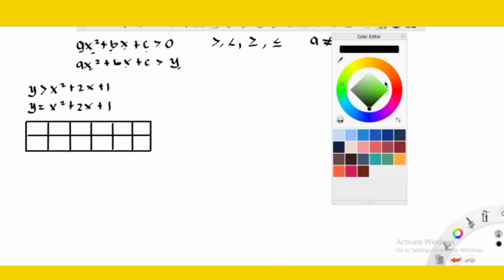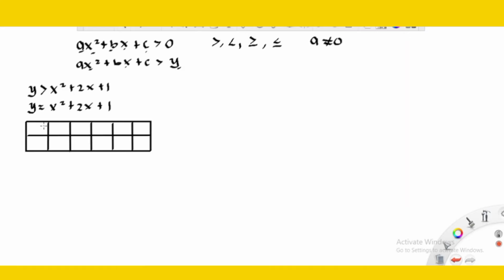So, in our table of values, let's change the color of the pen. So, we have here 2 rows. We put x and y in the rows. And then we have here 1, 2, 3, 4, 5 columns. Beside x, we will write the x values. Beside y, we write the y values.